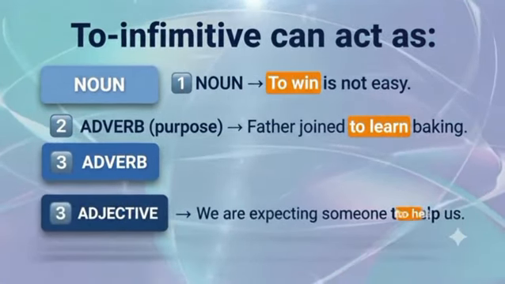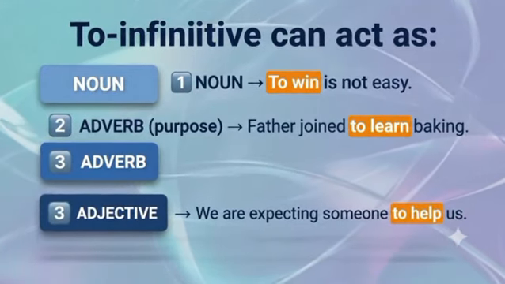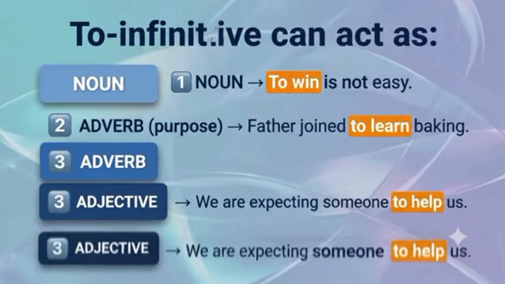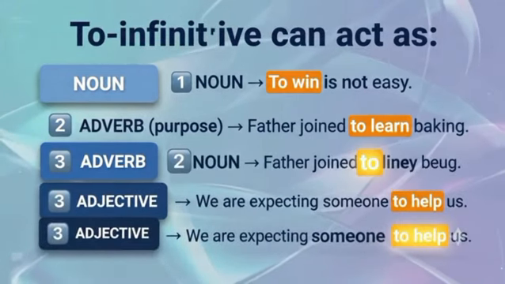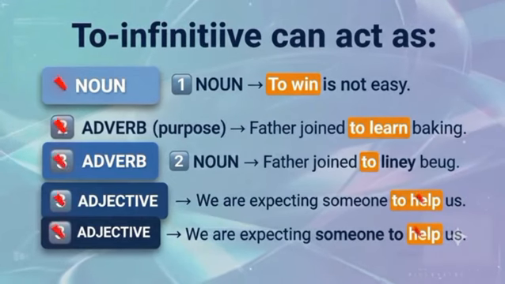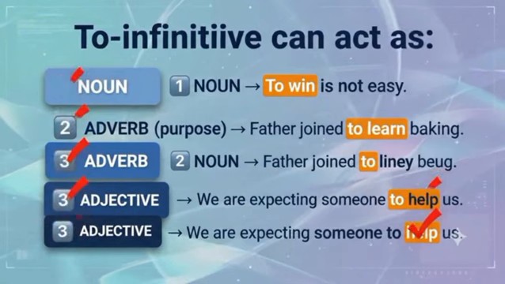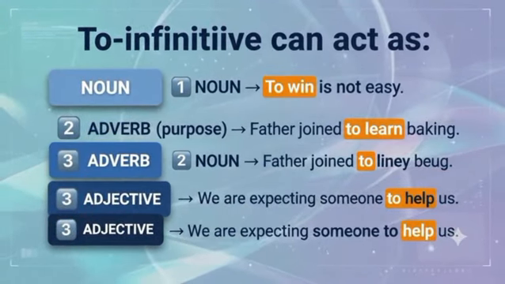This answers why he joined. And as an adjective, modifying a noun, for example, we are expecting someone to help us. Describing what kind of someone. Same to plus verb. Three completely different roles here.